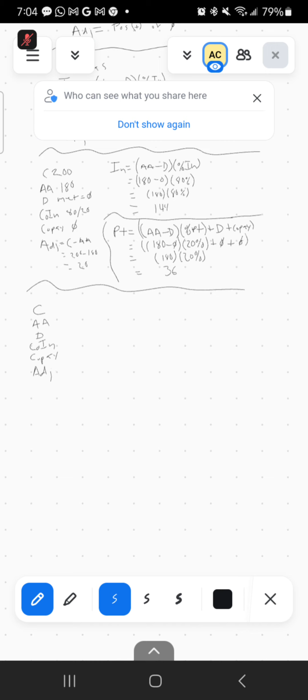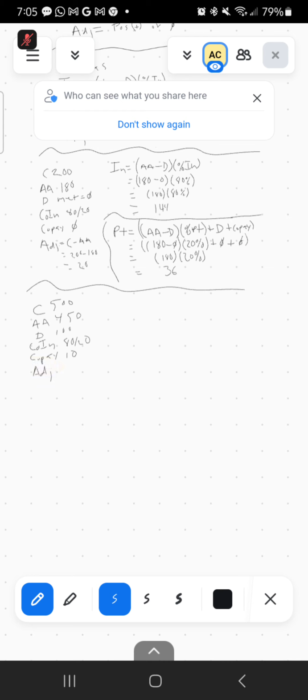So let's say charges are now $500. Allowed amount is going to be $450. Deductible is going to be $100. Co-insurance is going to be 80/20. Co-payment is going to be $10. And that's the information that you got from the question.